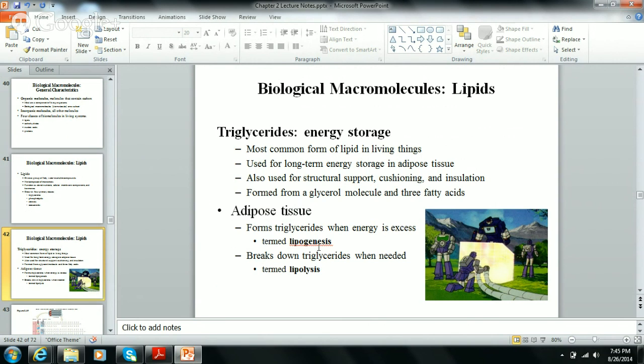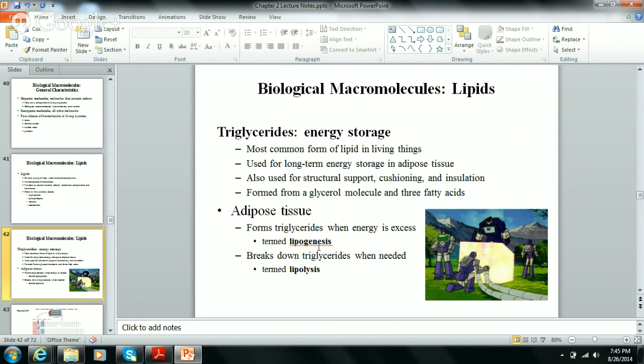And those Transformers right now, they are stealing energy from the Earth and creating what are known as energon cubes. Energon cubes back in Transformers day were units of energy that could be stored and then pulled out and utilized by any transformer at any given time. Triglycerides are very similar.